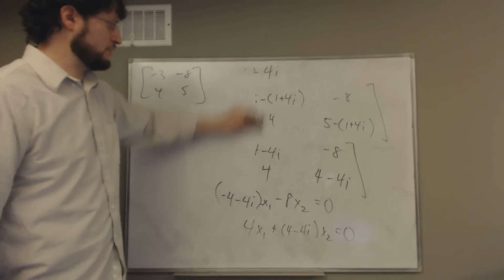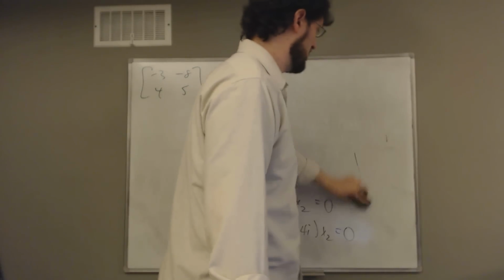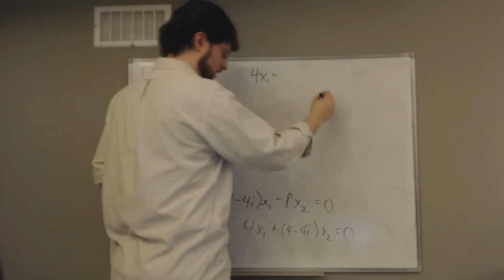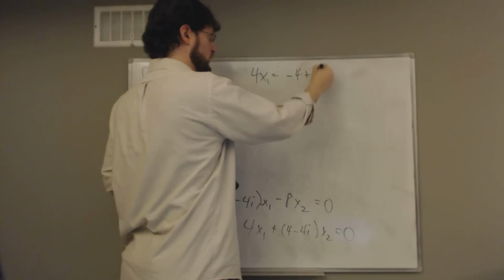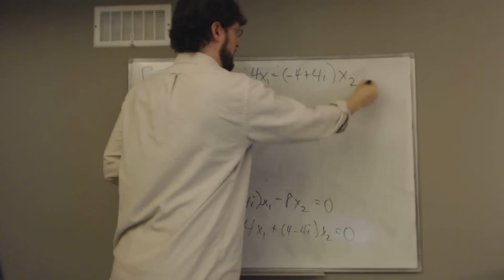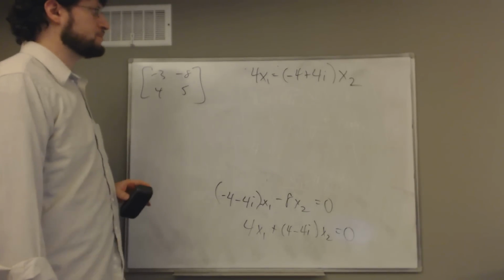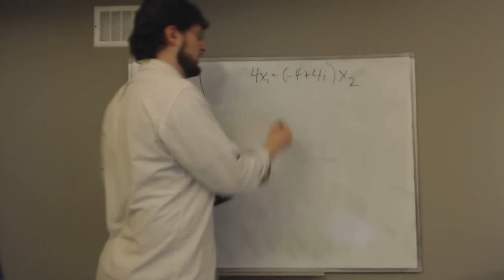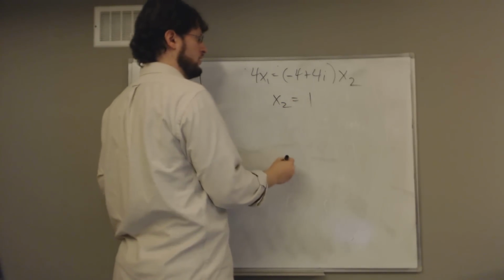We use our second equation as before. Notice that 4 x1 is (-4 plus 4i) x2. At this point, since we don't have any decimals or fractions, we may as well just say that x2 is 1.